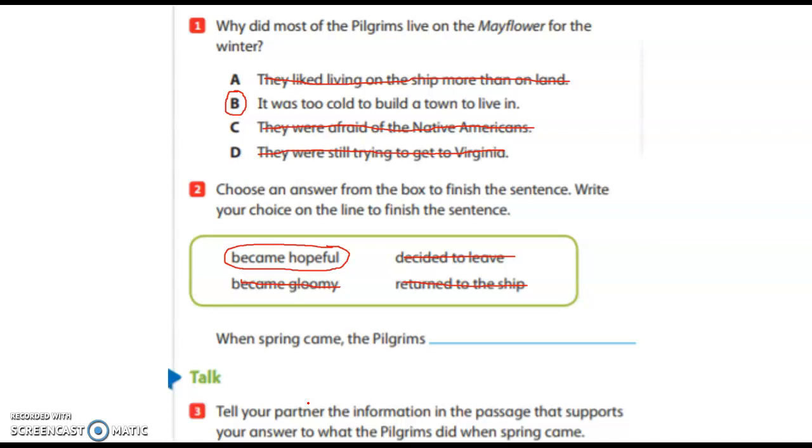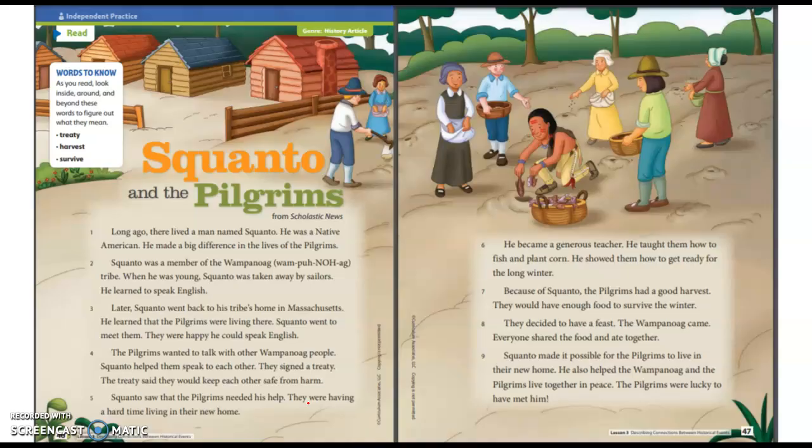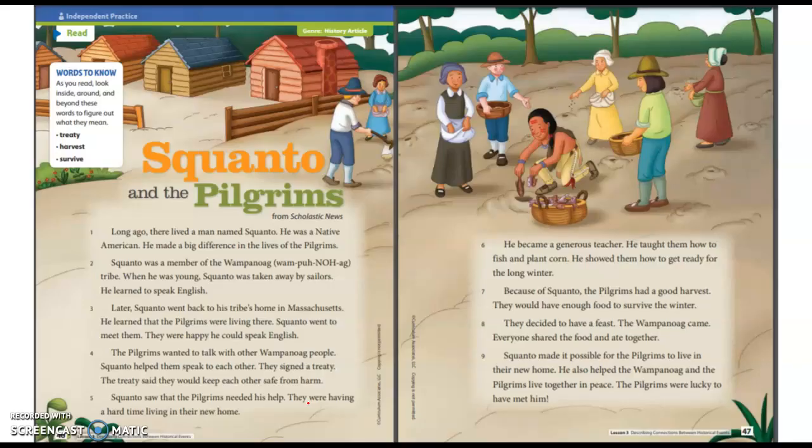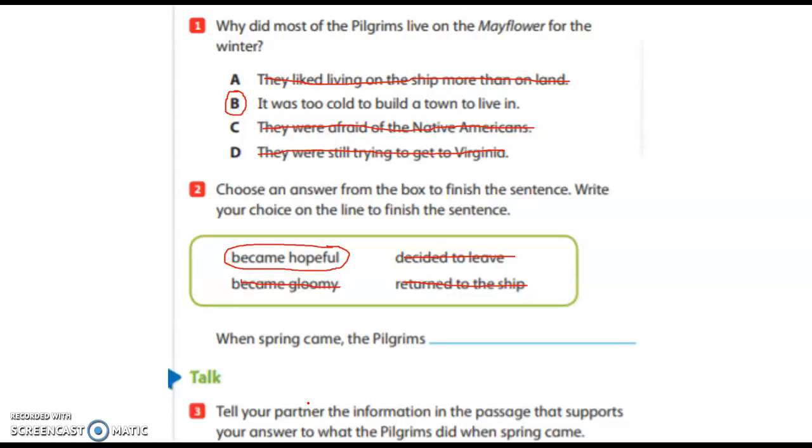You're going to be taking a test kind of like this on Friday using a different text about Squanto and the Pilgrims. So it kind of goes with the Voyage of the Mayflower, but it's going to tell you more about what happened when they got there. Okay, you're going to be answering questions just like these for your test on Friday.